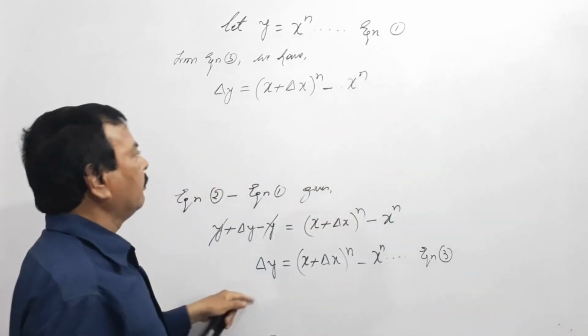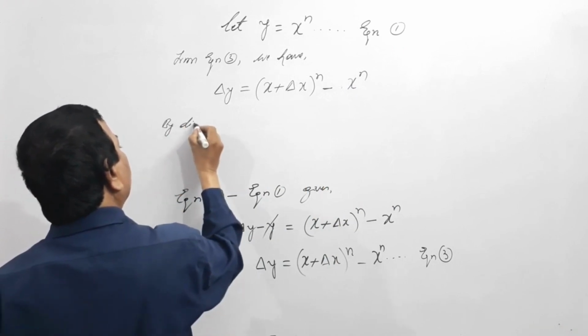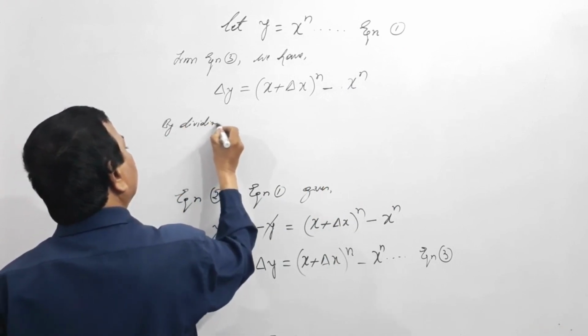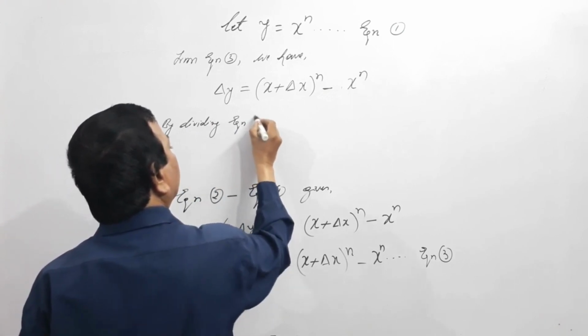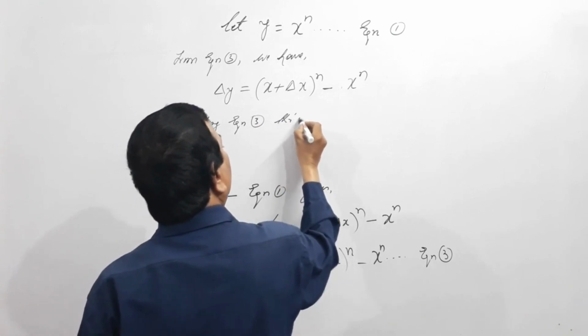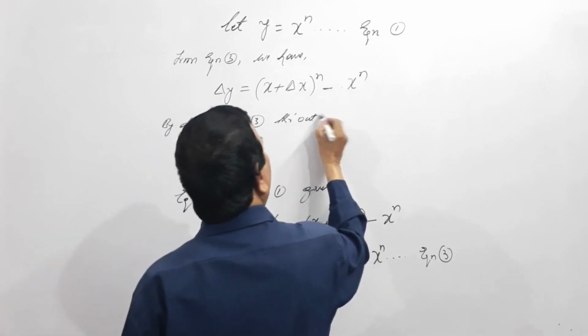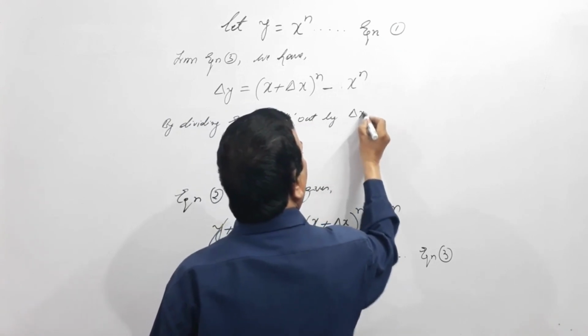As I said, we are going to divide equation 3 throughout by delta x.